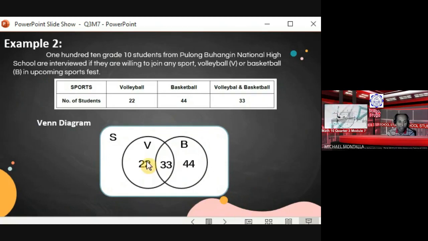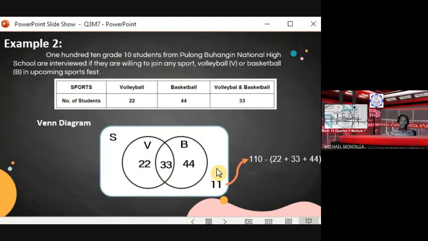Ang total kasi niyan, ang total ng ating students ay 110. Once we add this, 22 plus 33 plus 44, our answer is equal to 99. So kulang pa ng ilan para mabuo yung 110. Ang gawin natin, 110 minus 99. O, di ba? So ang sagot doon ay 11. Okay? Nasundan ba yon, Julian?